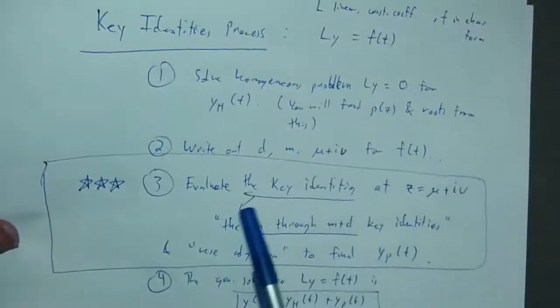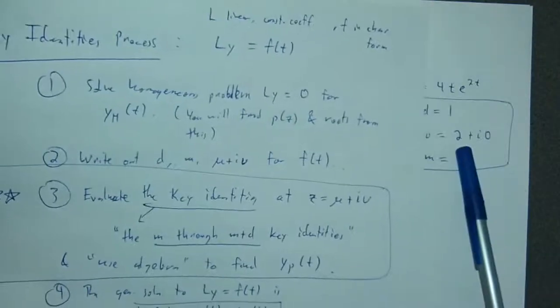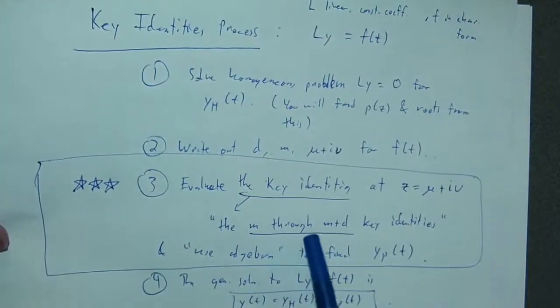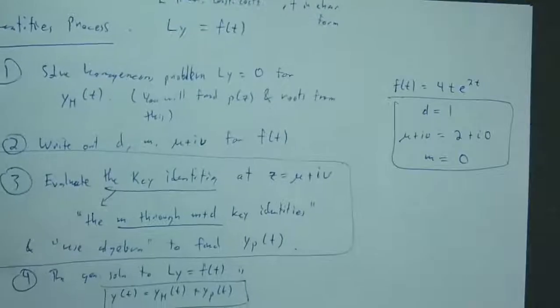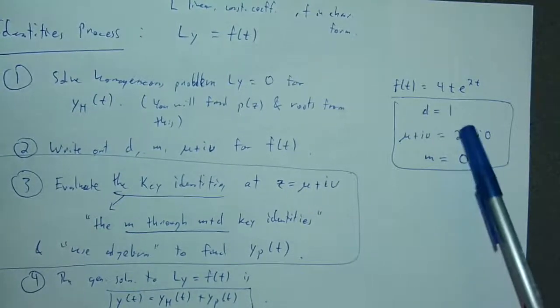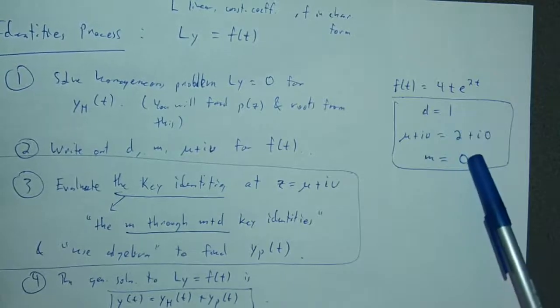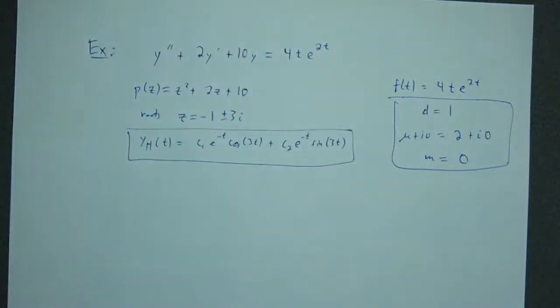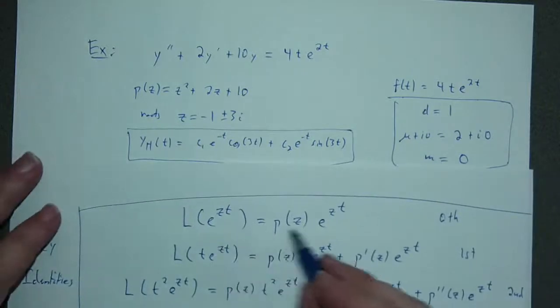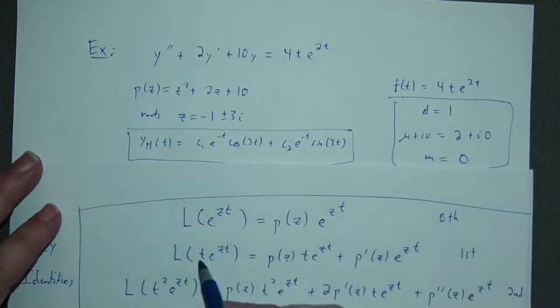Evaluate key identities at the characteristic, which is 2 in this case. The key identities I use are the m through the m plus d-th. So this is the 0th through the 0 plus 1, the first. According to this process, I need the 0th key identity and this first order key identity.